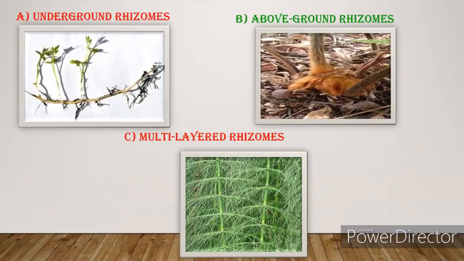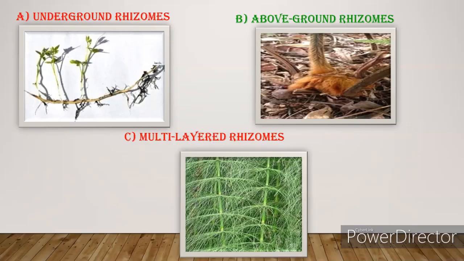Then the next one is the above ground rhizomes. In this type, the rhizomes are situated above the soil level, and examples of these plant species include the ferns. The next one is the multi-layered rhizome.